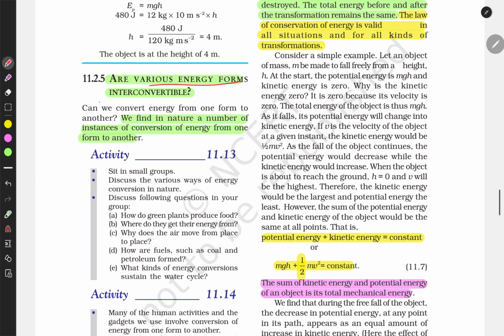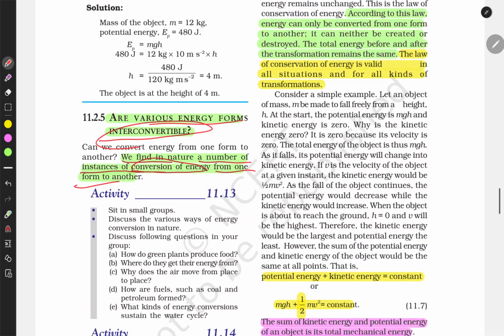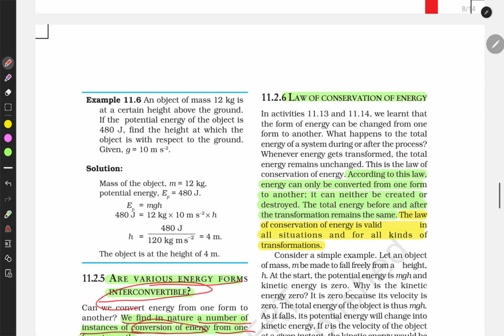Are the various energy forms interconvertible? Yes, there are multiple forms of energy we will study, and they are interconvertible. We find in nature a number of instances of conversion of energy from one form to another. And what is the law of conservation? According to this law, energy can only be converted from one form to another.